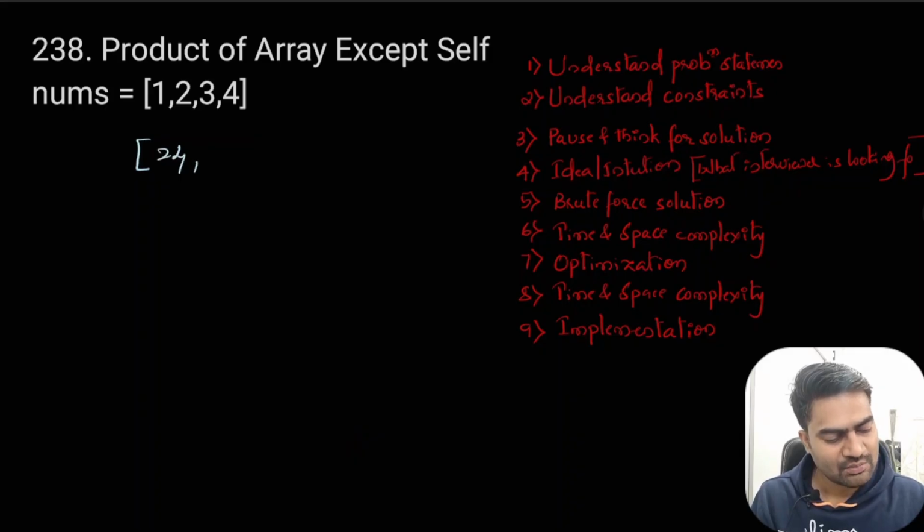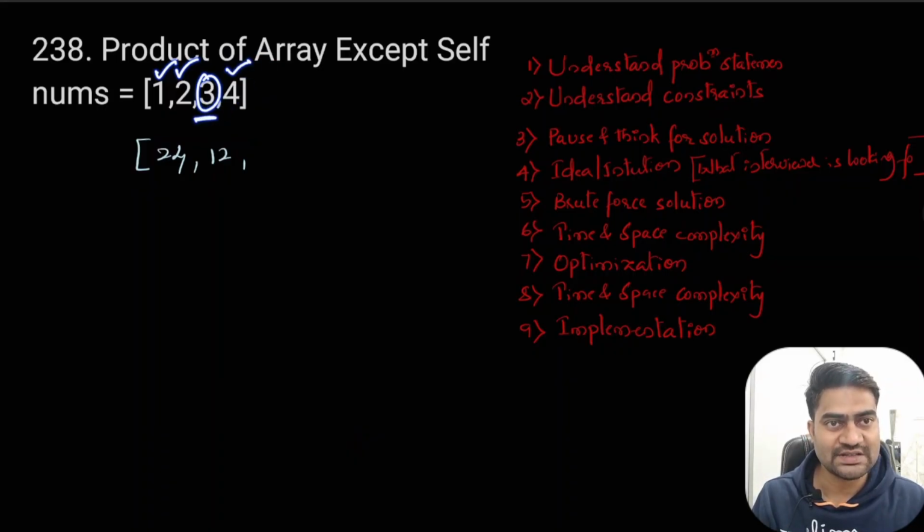Then at the place of 2, we need to consider 3, 4 and 1. So it will be 12, right? So I will add 12 here. Then in place of 3, I should consider 1 into 2 into 4. So basically I am excluding that particular number and I am considering all the remaining numbers in the array.